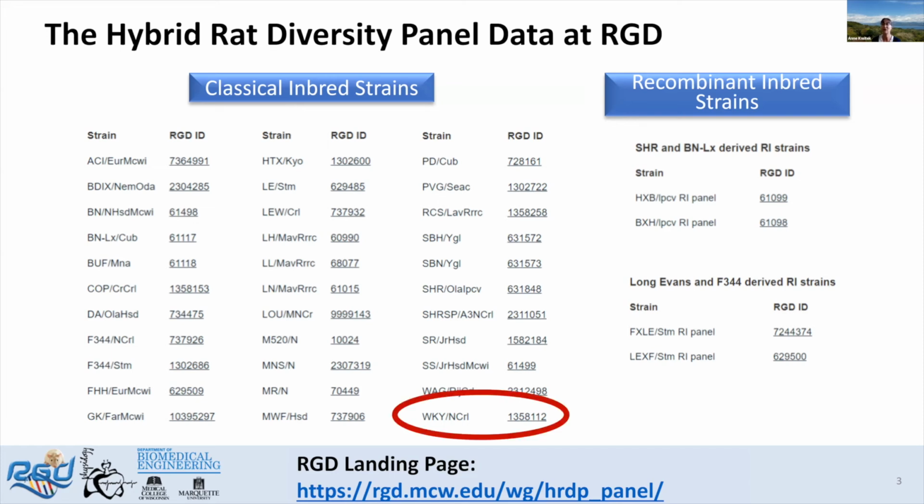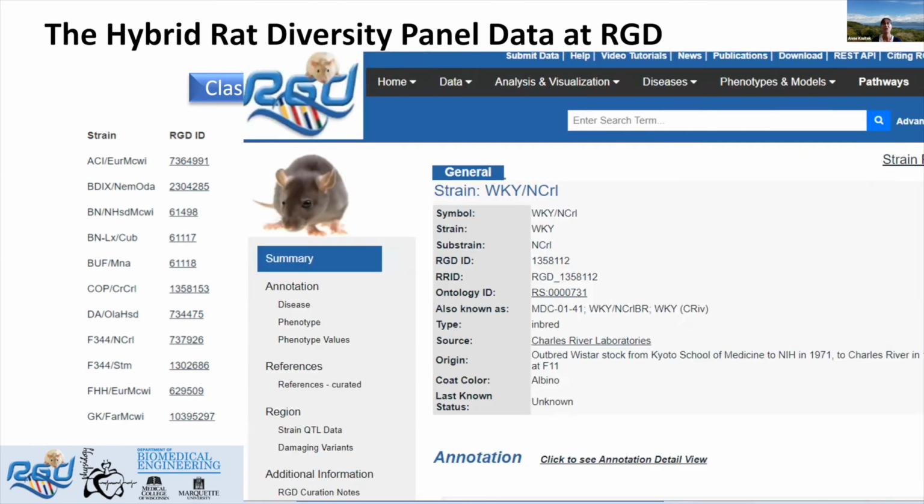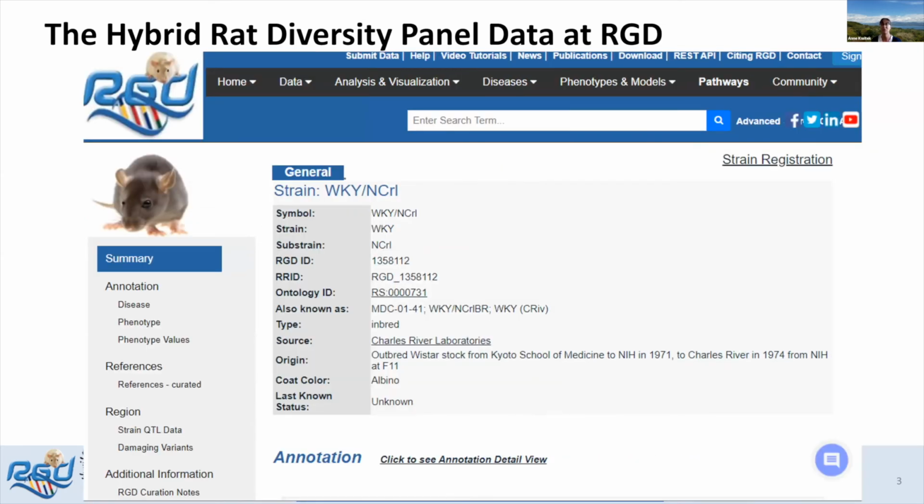For instance, if you click on the WKY, a classic inbred strain, from the landing page, you'll be taken to the strain page at RGD for that particular substrain. And you can see the different information that's available, including its origin. And if we know any source data, that's something we're going to have to keep working on, to keep updating the source data.